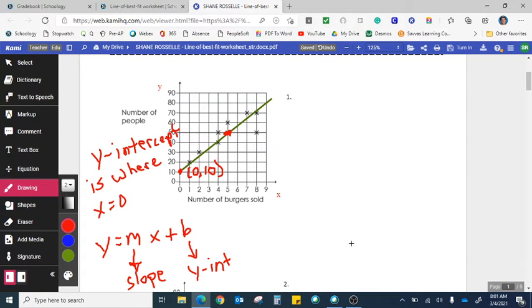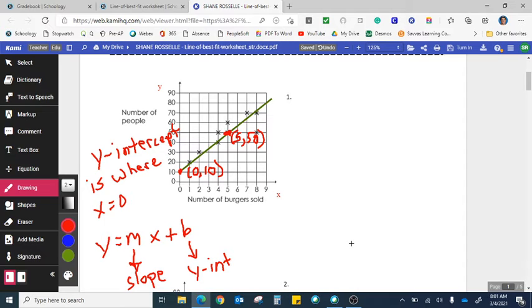So we have this point right here, and we have to pick out another point. This point up here is going to be the point 5, 50. Once I have 2 points, I can find the slope.